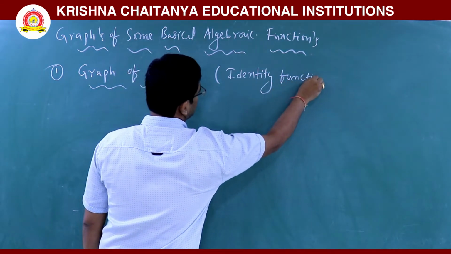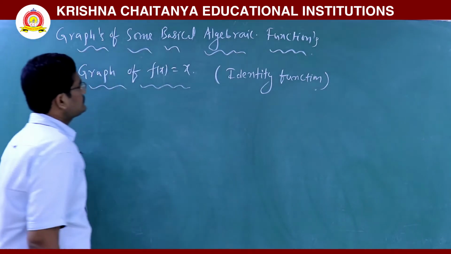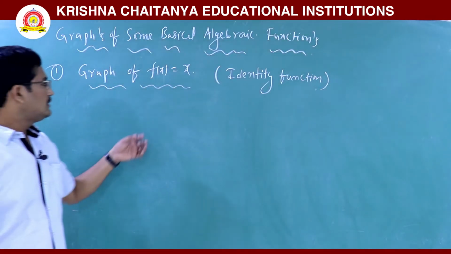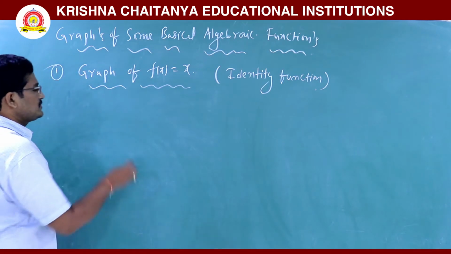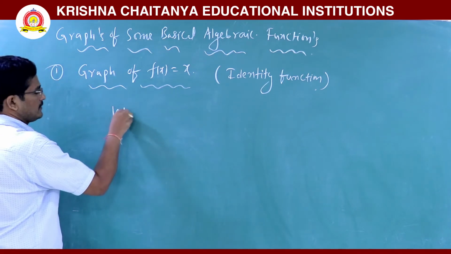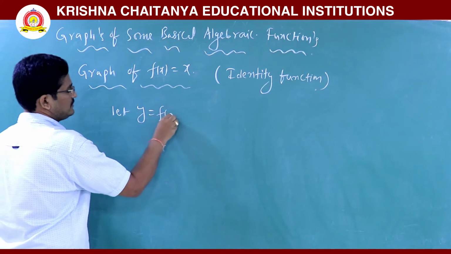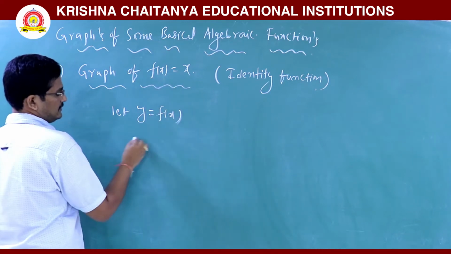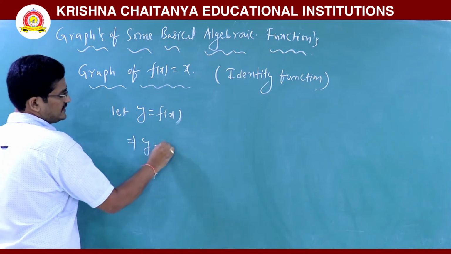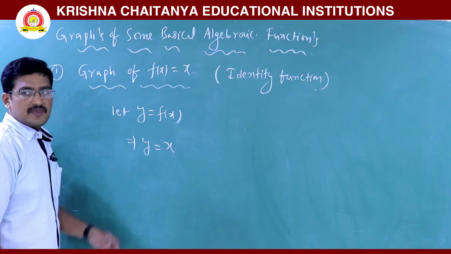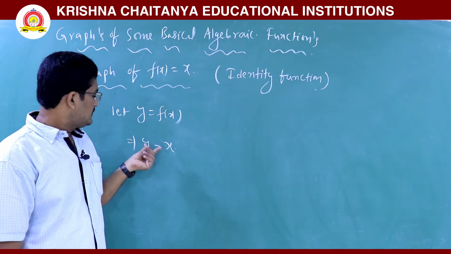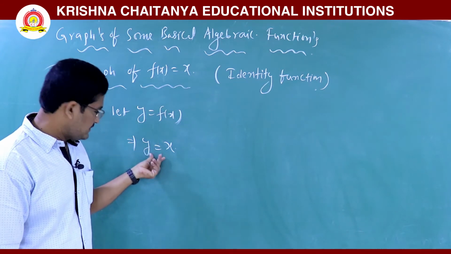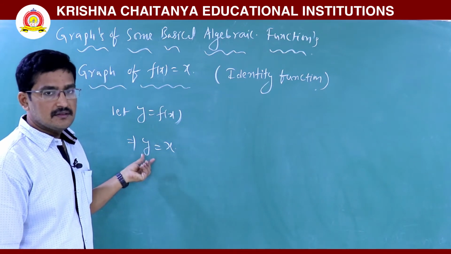Let y equal f of x. Then clearly y is equal to x. So I have to draw this line y equals x in the graph.